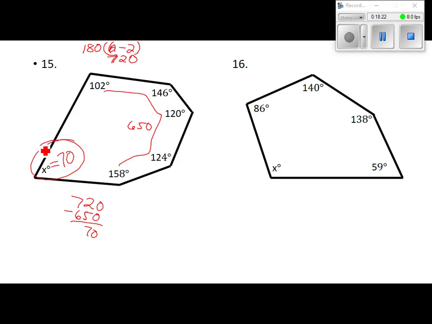Next one. 5 sides. We could do 180 times 5 minus 2. That's 540. I'm hoping that's another one you just start remembering: every pentagon in the world, the 5 angles add up to 540. What do these 4 that they told us add up to? 423.